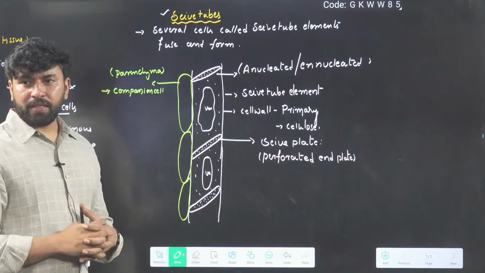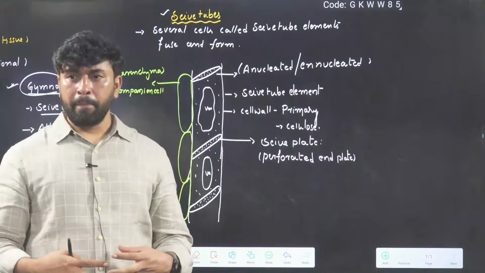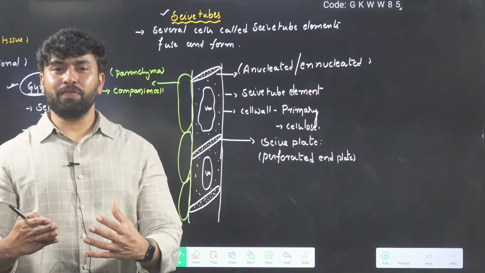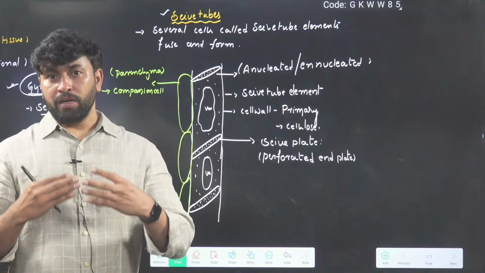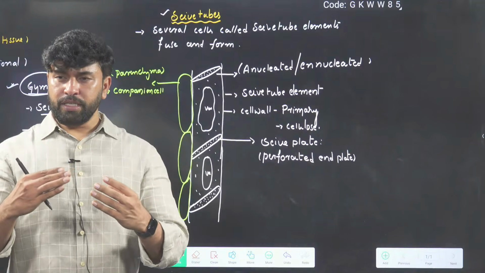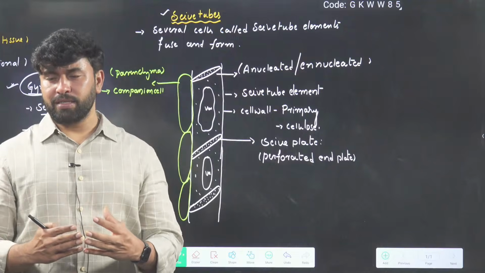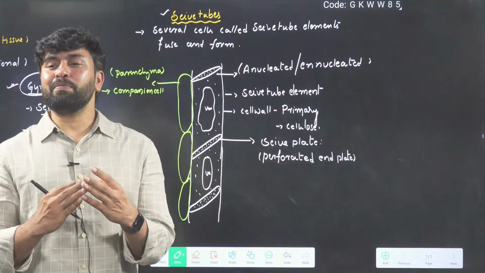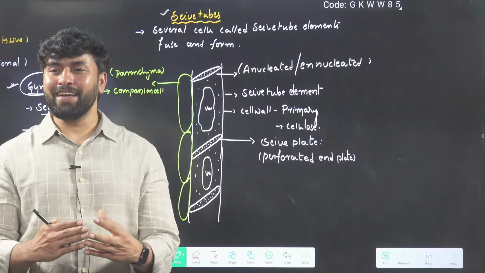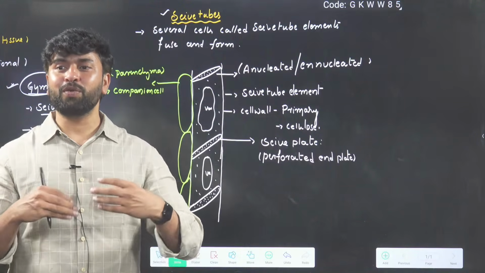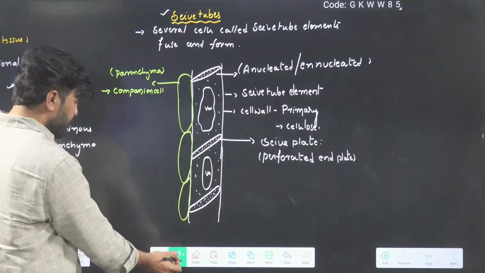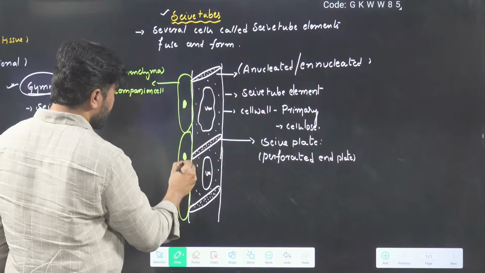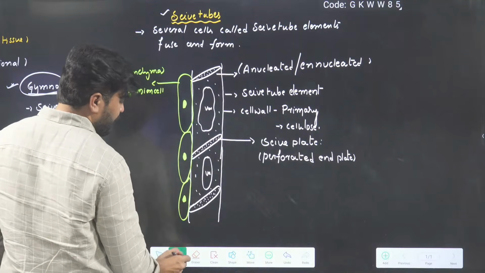In fact, these companion cells and the sieve tubes are siblings, which means they developed from a common mother cell. During maturation, the sieve tube lost its nucleus, and the companion cell retained it. This nucleus of the companion cell will be used by the sieve tube for its own requirements. How? Simple. This cell has an enlarged nucleus and also dense cytoplasm.